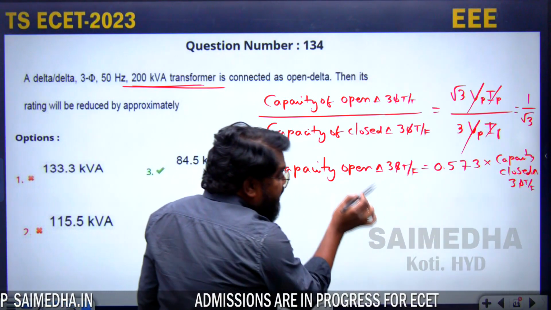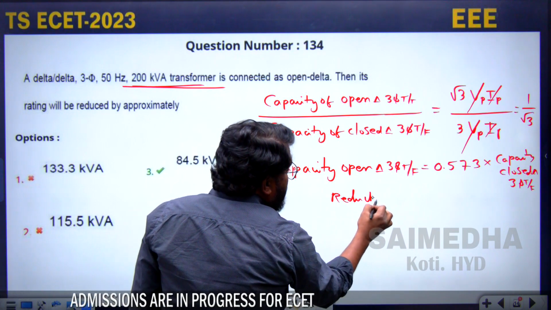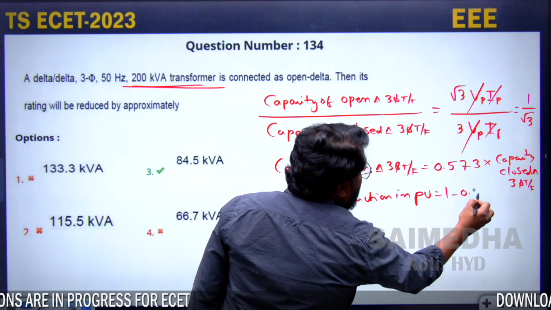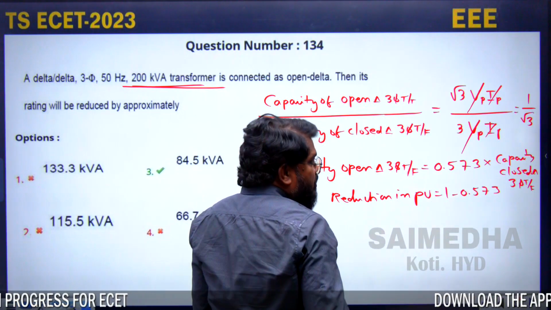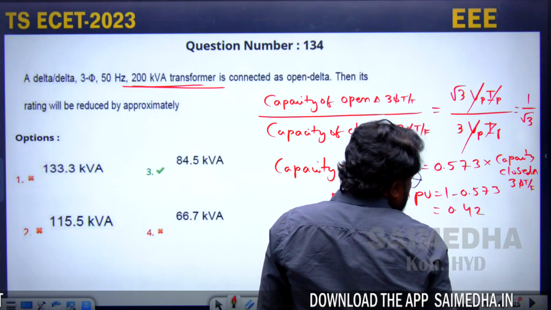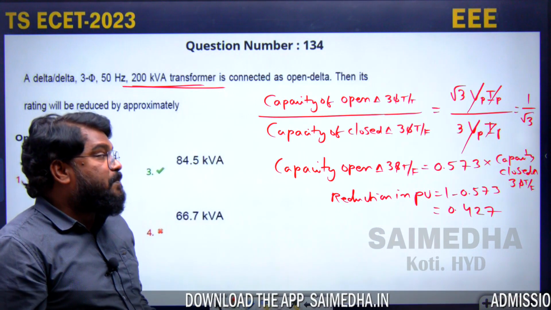Now how much reduction here? The reduction in per unit value is 1 minus 0.577, which is equal to 0.427.